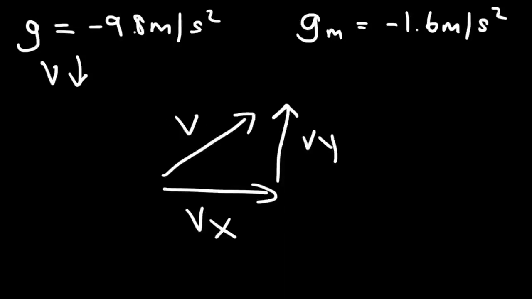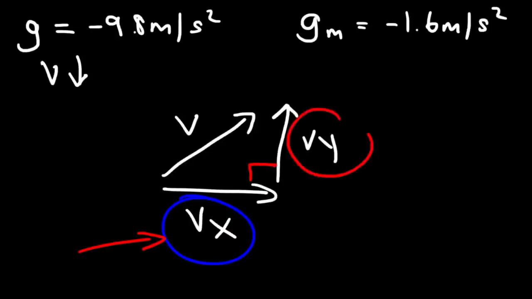The actual velocity is basically the hypotenuse of this right triangle. Vx is the horizontal component of this velocity vector. Vy is the vertical component. The gravitational acceleration does not affect Vx. It affects Vy. So technically you can write this as Gy. It's a vertical gravitational acceleration. It doesn't affect the horizontal velocity, it affects the vertical velocity. So make sure you understand that.